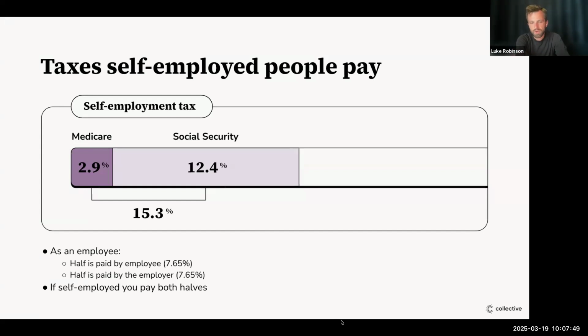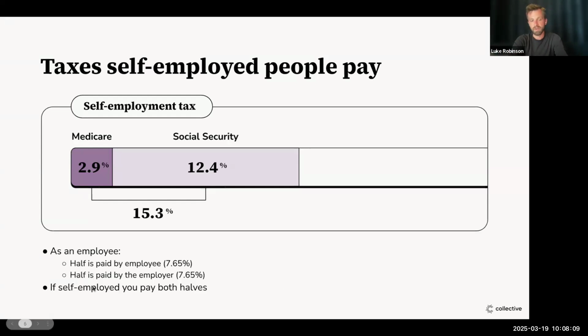And how it works is different based upon how you're paid or how you're classified. This Social Security and Medicare tax, this self-employment tax, this 15.3%, you even pay that when you're an employee. It's the same tax rate when you're a W-2 employee. It's still 15.3%.